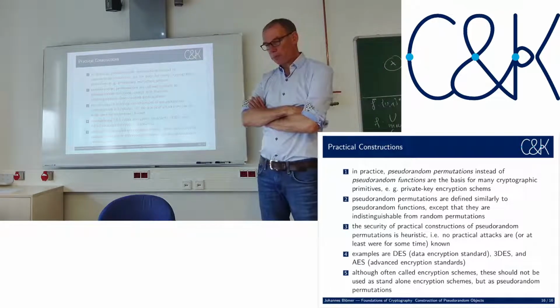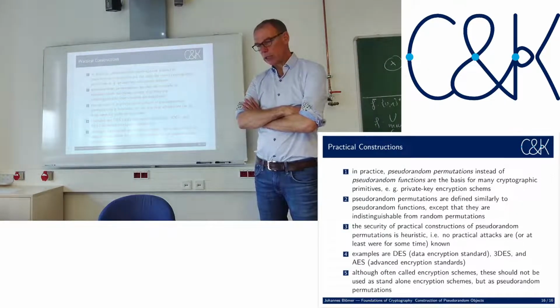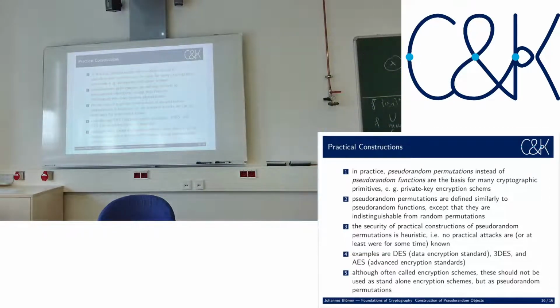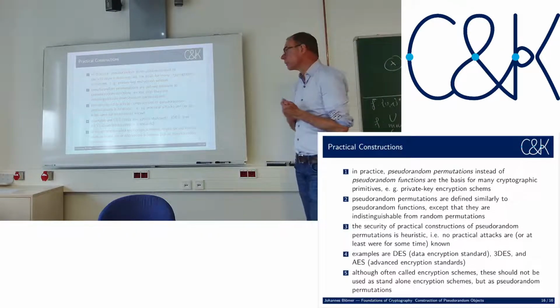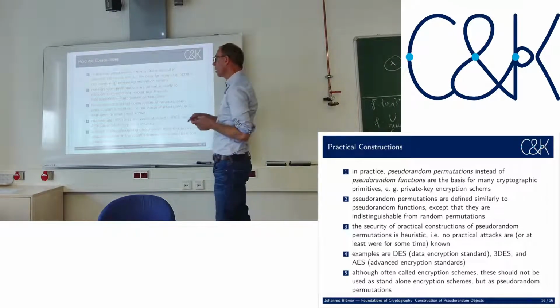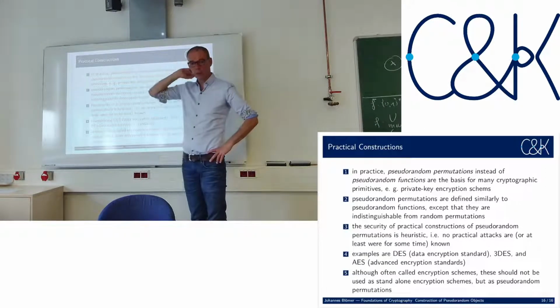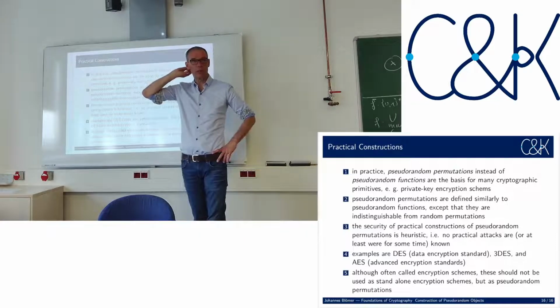In practical constructions, we use pseudorandom functions to design message authentication codes or encryption schemes. In practice, what we usually use are not pseudorandom functions. We use something called pseudorandom permutations.